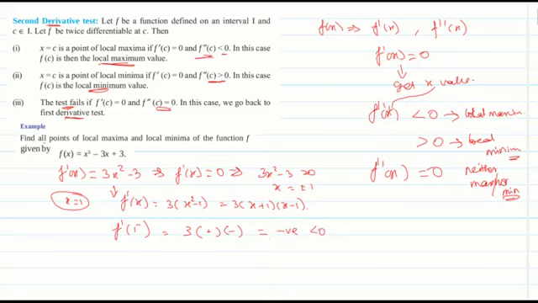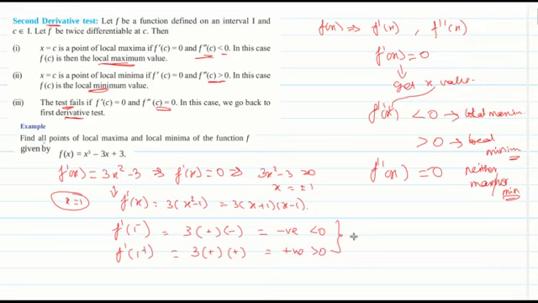Okay, children. Now next I check f dash of 1 plus. For 1 plus, right of 1, that will be greater than 1, so x plus 1 is positive and x minus 1 is also positive. This implies it is positive, greater than 0.